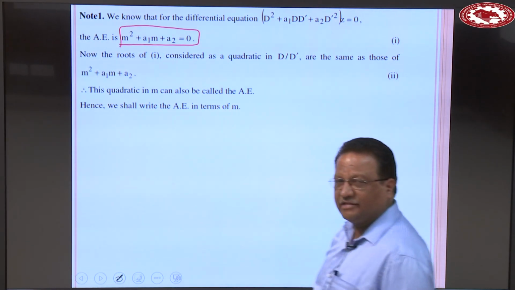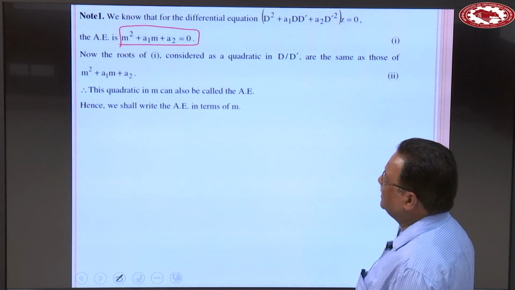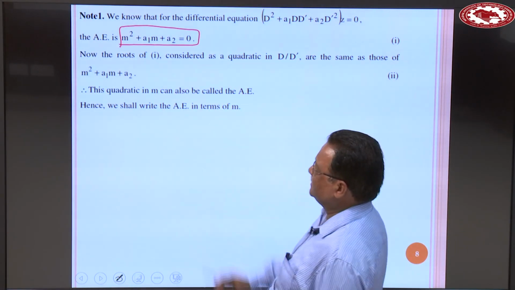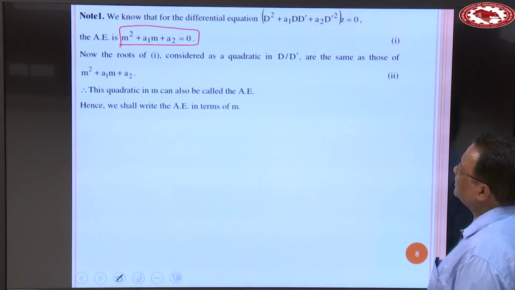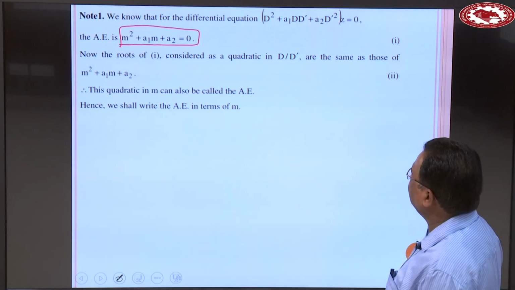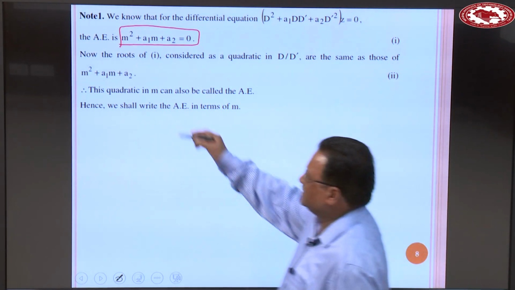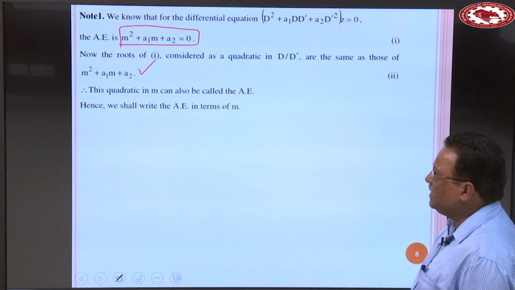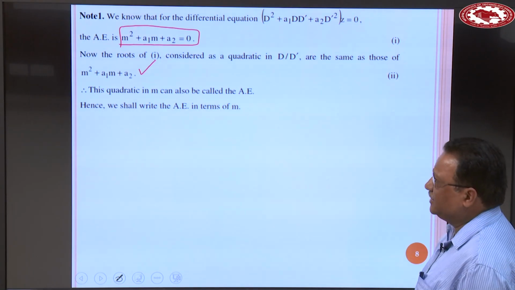These are a few remarks, 2 remarks. First remark: we know that for the differential equation this auxiliary equation can be written like this. Now the roots of this auxiliary equation, considered as a quadratic in D/D', are the same as those of this polynomial. So this quadratic in m can also be called the auxiliary equation.